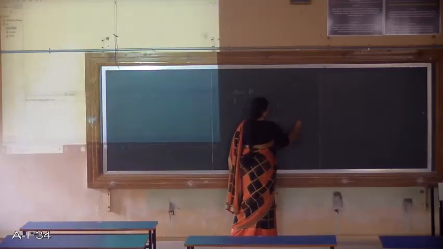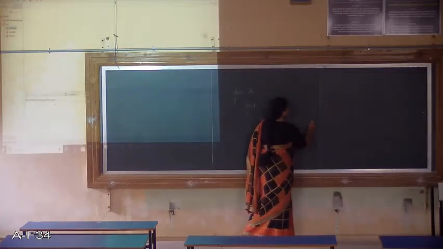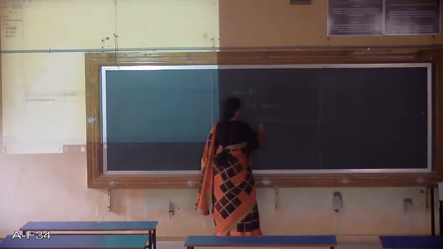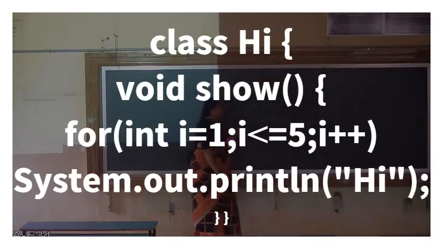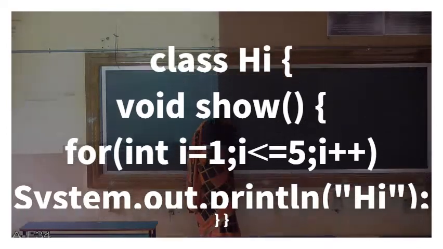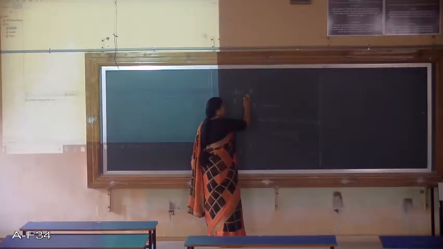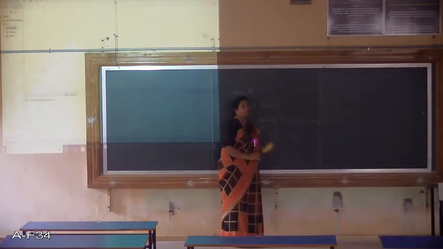It has to iterate for 5 times. So the condition given is I less than or equals to 5, I plus plus. So what it has to do? It has to print this hi for 5 times. In short, I have written it as SOP, but you have to write the complete statement system.out.println. So here we have the show method of class hi, which is responsible for printing hi 5 times.